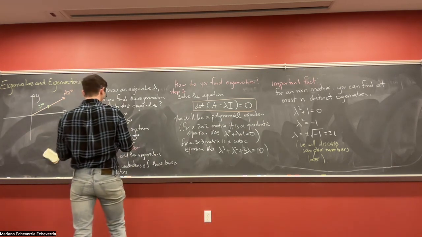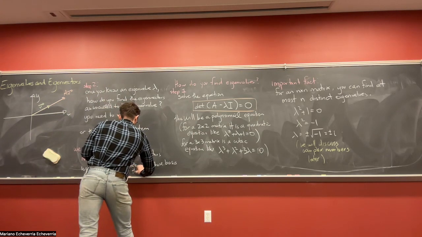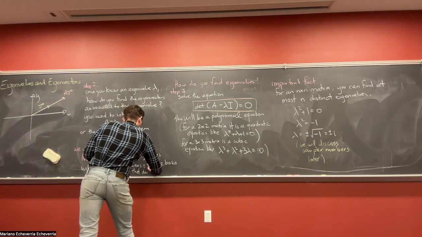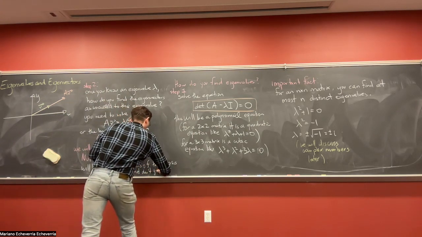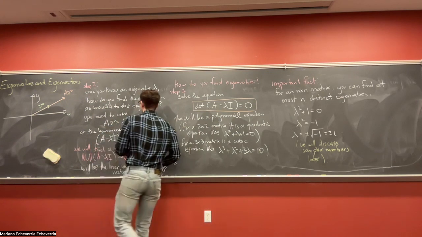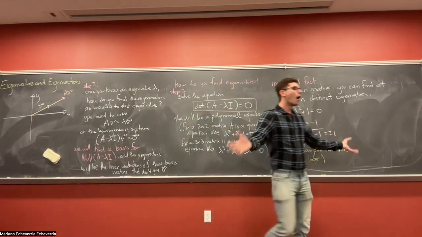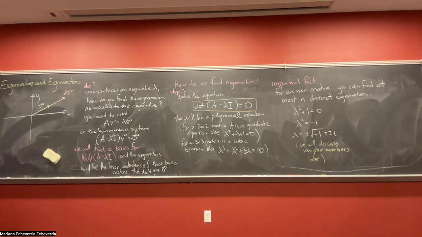But once you have the basis, you can take any linear combination that you want and that will give you an eigenvector. The only linear combinations that are not allowed are those that would produce a zero vector.